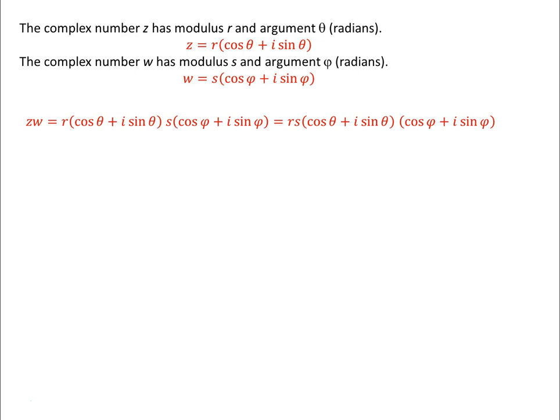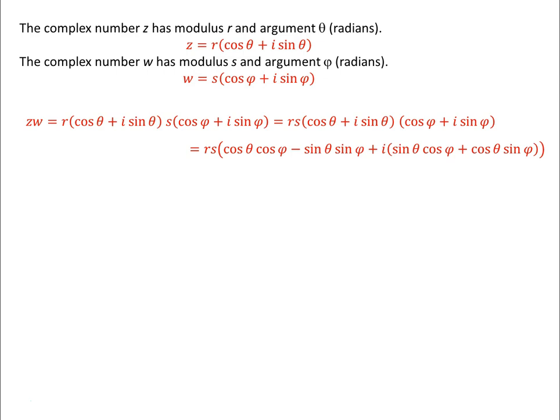Of course, now i squared is minus 1, so if we collect together the real terms and the imaginary terms, we've got cos theta cos phi minus sin theta sin phi, and then we've got i times sin theta cos phi plus cos theta sin phi.